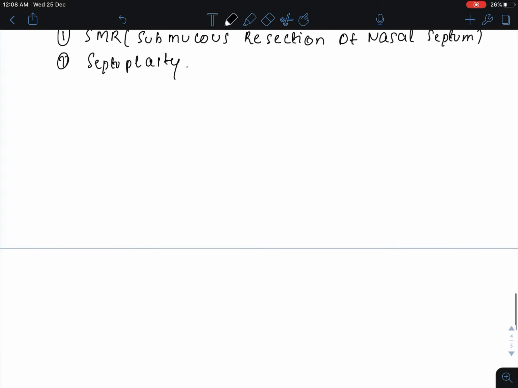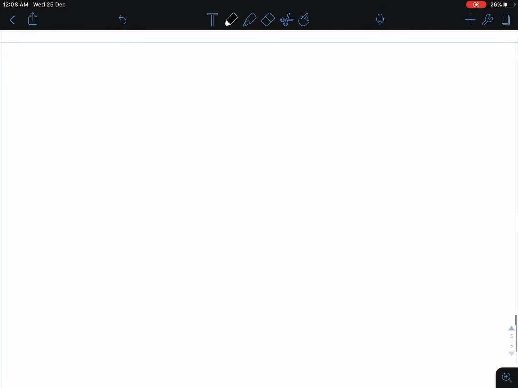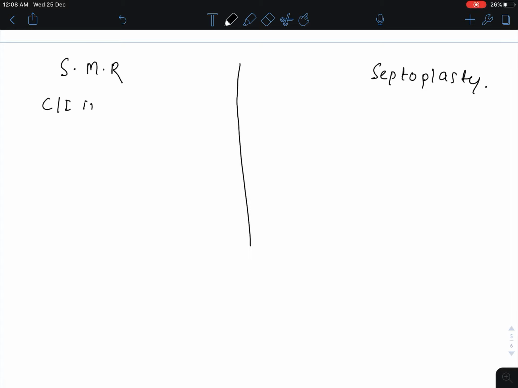Okay, now we will see the differences between submucous resection of nasal septum and septoplasty. SMR is contraindicated in less than 17 years. Here it is not so.